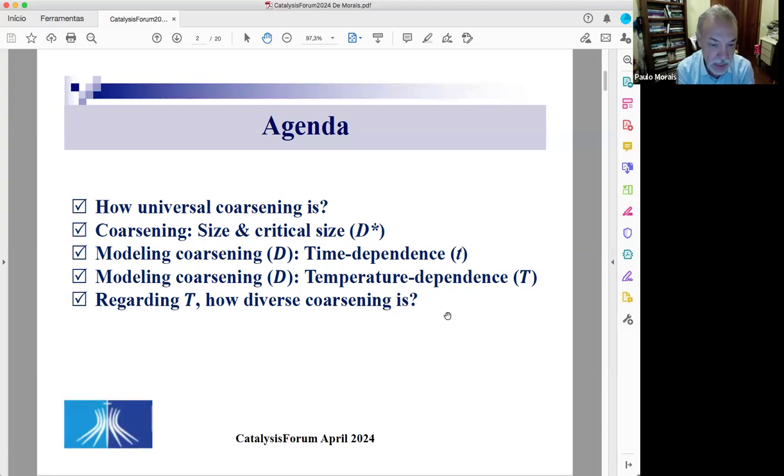And how the size depends on time, which is not a new problem in the literature, and how the coarsening depends on temperature. And regarding temperature, how diverse coarsening is. So this is my agenda for today.